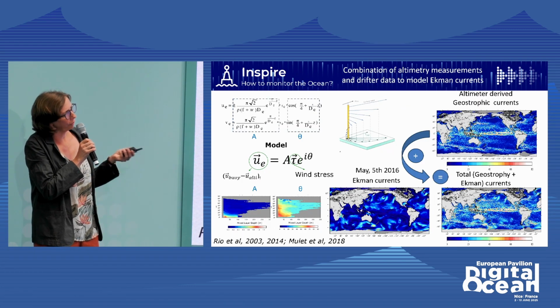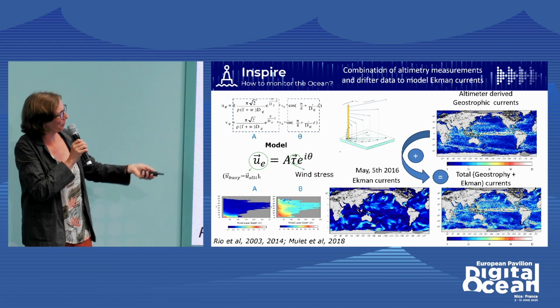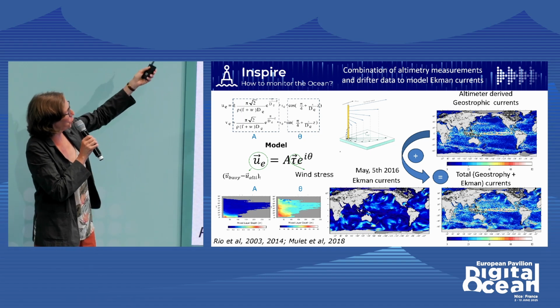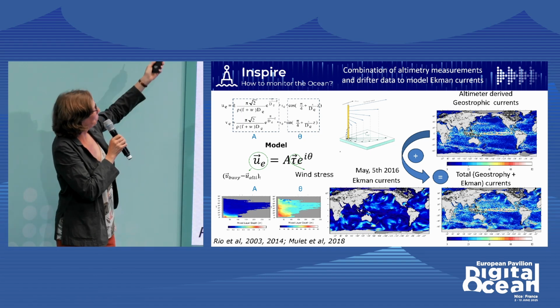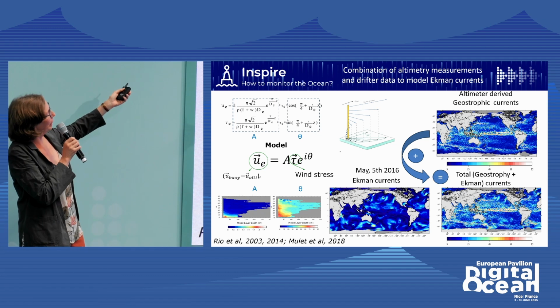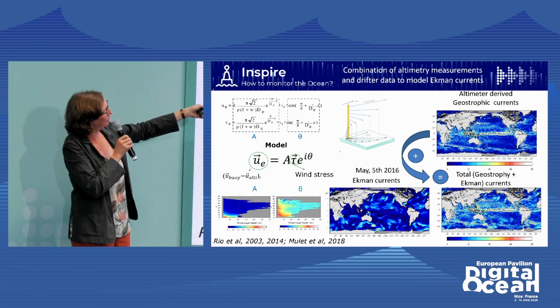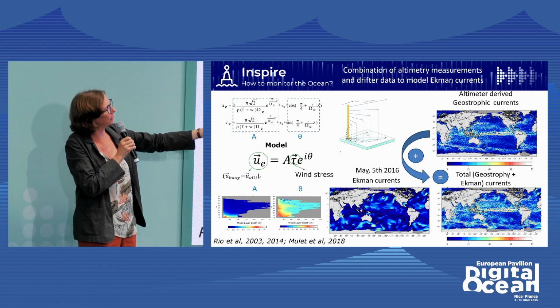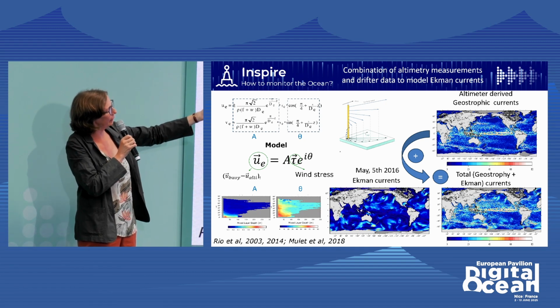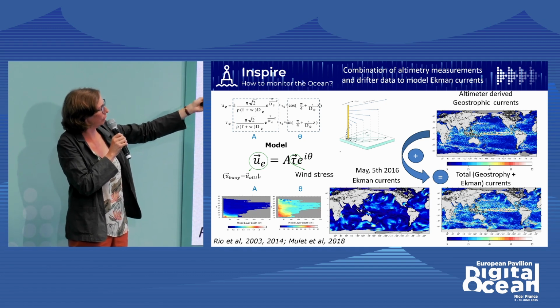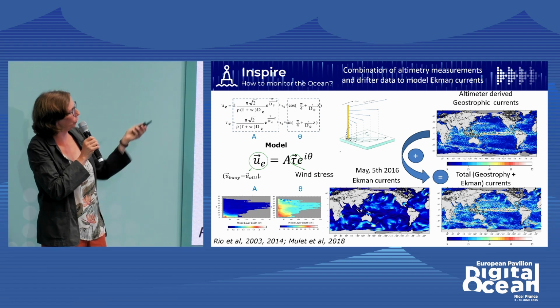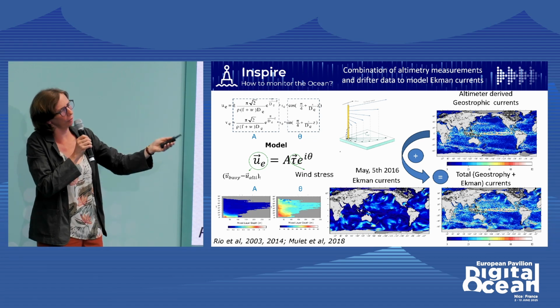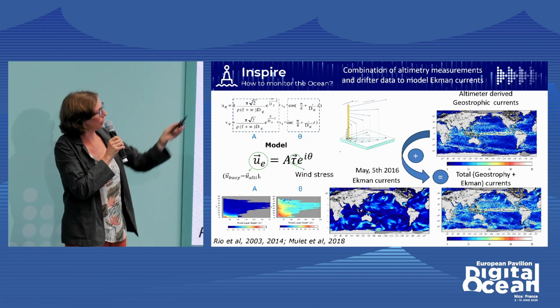And so this, I will go very quickly. I show the equation just to mention that these Ekman currents can be simply estimated by the knowledge of the wind stress and by estimating some simple parameters, the amplitude of the current and the direction of the current relative to the wind.